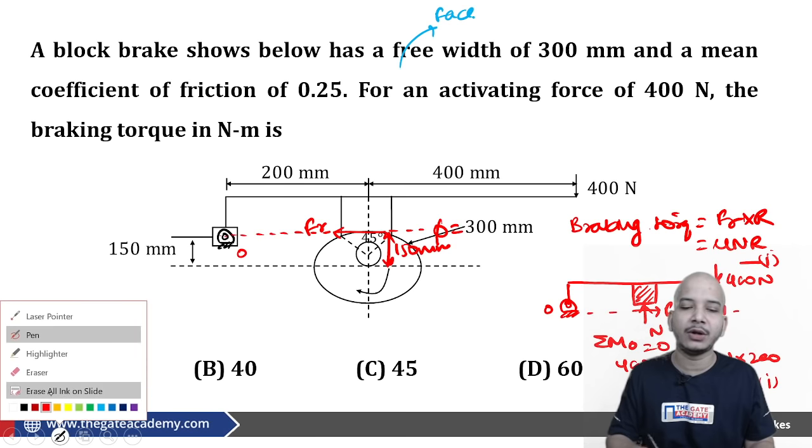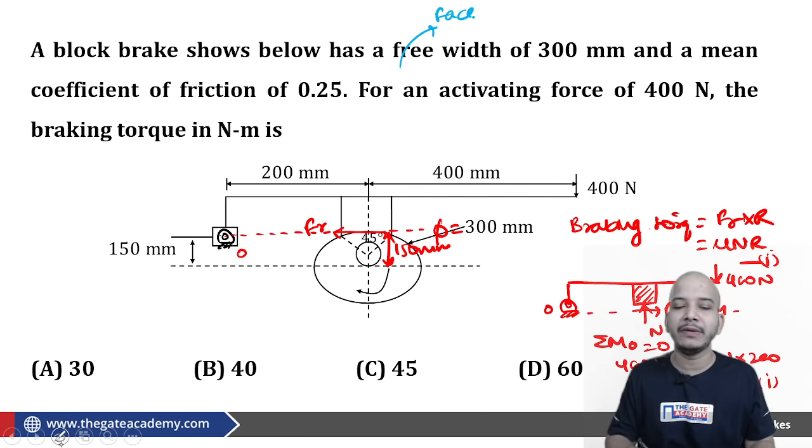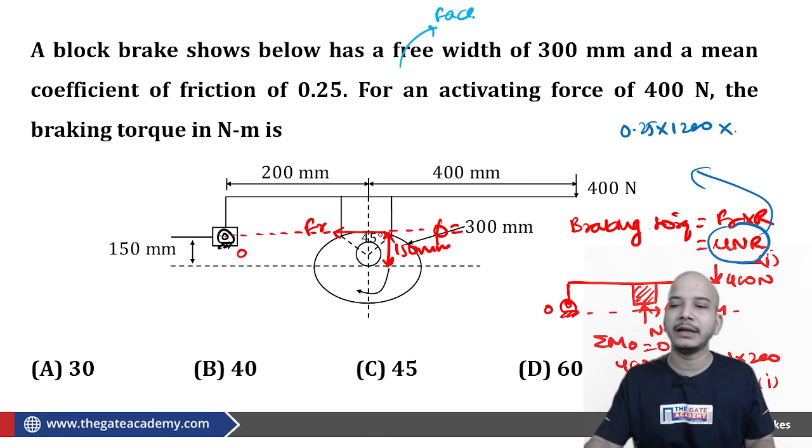Once you have calculated the normal action value, you can straight away move further. You can put this value N into the braking torque formula, and from here 0.25 into 1200 into R. R is the radius, which is 0.15.